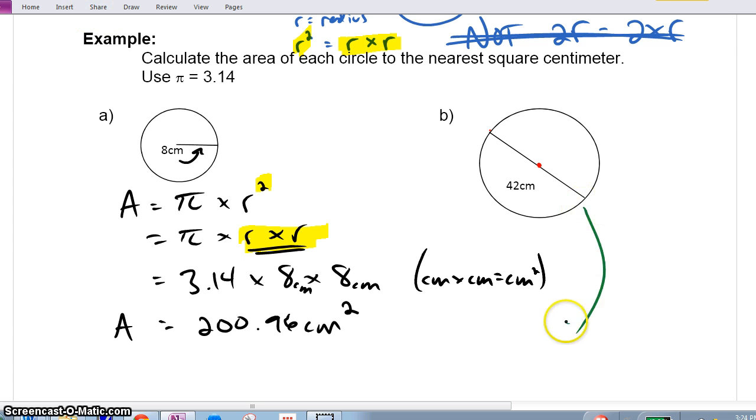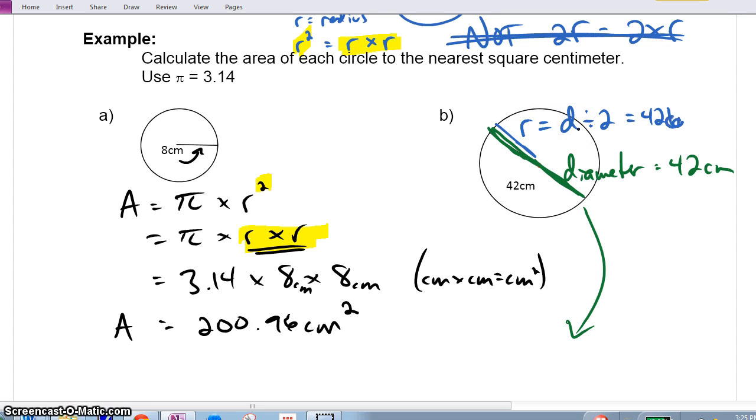Now for B, this isn't a radius, this is a diameter of 42 centimeters. And we said yesterday, if the whole thing's a diameter, then this piece would be the radius, right? And the radius is the diameter divided by 2. It's half the diameter, so it's 42 centimeters divided by 2, and the radius is 21 centimeters for this guy right here.